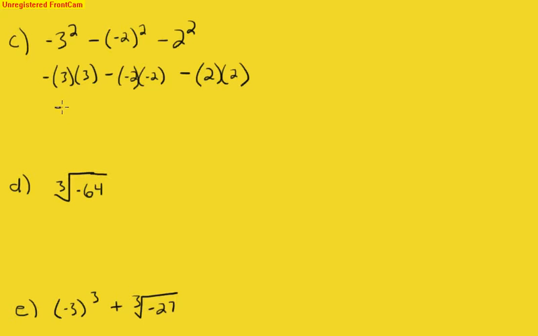So we start to simplify. This is negative 9 minus negative 2 times negative 2, which is a positive 4, minus 2 times 2, which is also positive 4. So negative 9 minus 4 is negative 13, minus 4 would be negative 17.